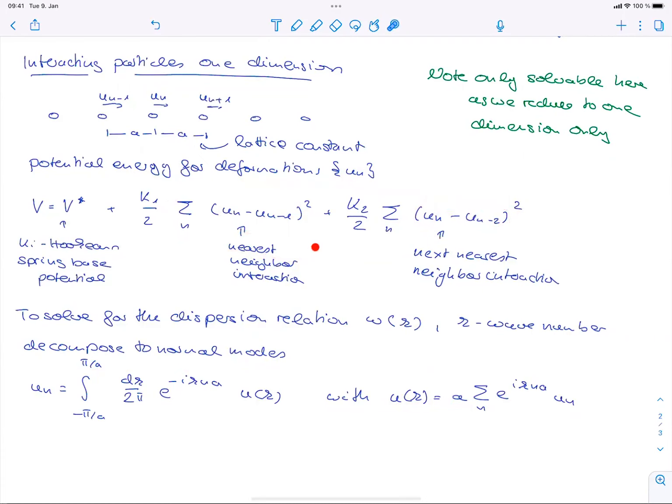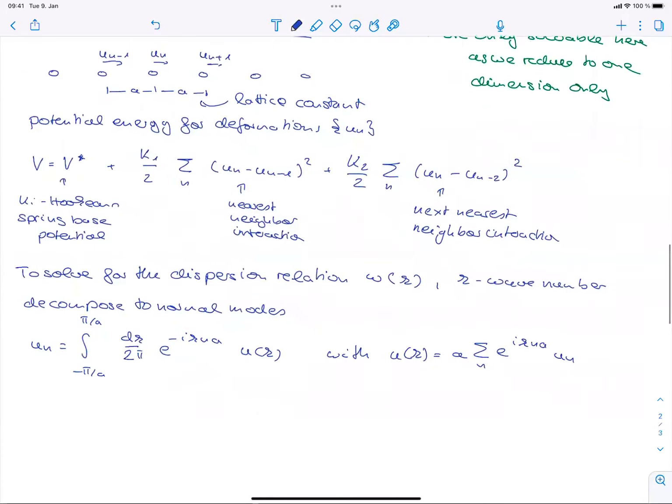I will actually put this in and then calculate the entire potential. So u n minus 1 then becomes... so what differs is the index n, right? So I have e to the power of minus i k n a minus e to the power of minus i k (n minus 1) a.